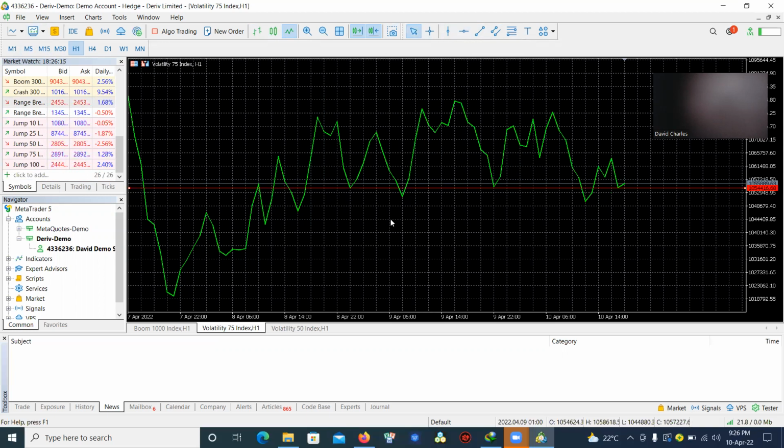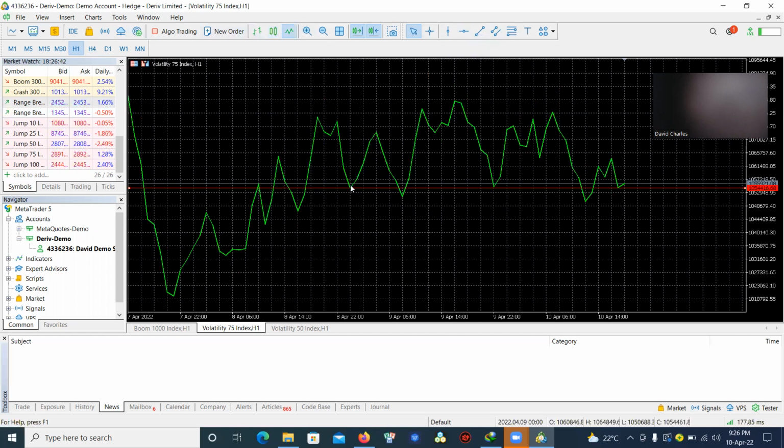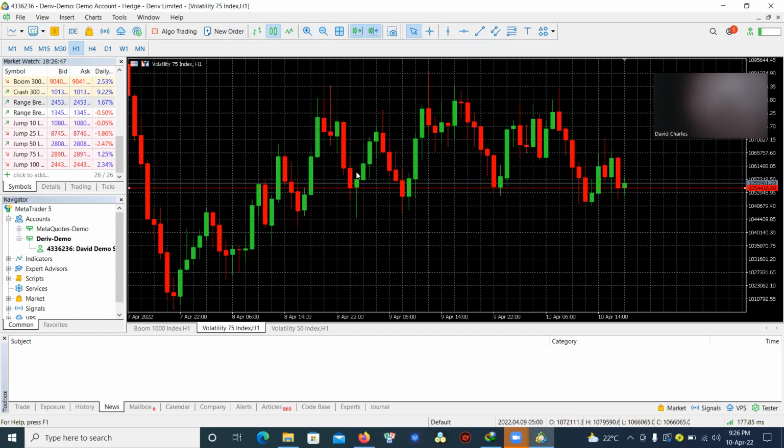If you compare the line chart and your candlestick, you'll see where it is. If you were to take a trade here, you'd have to cater for this wick, and that's why sometimes a signal can be given with consideration of this, and then it goes all the way here before it shoots up, like in this scenario.